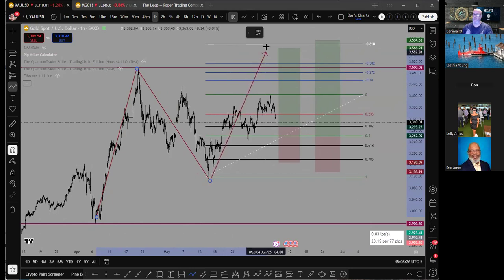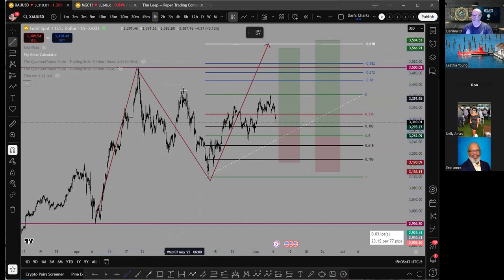Now we're looking for where the price may go. So that's the move I'm looking for overall, just taking a quick snapshot of this, not even looking at where this trend could be going.